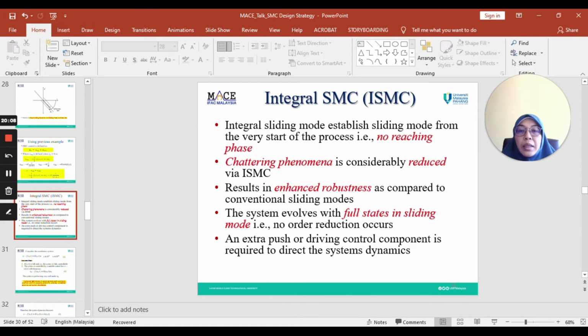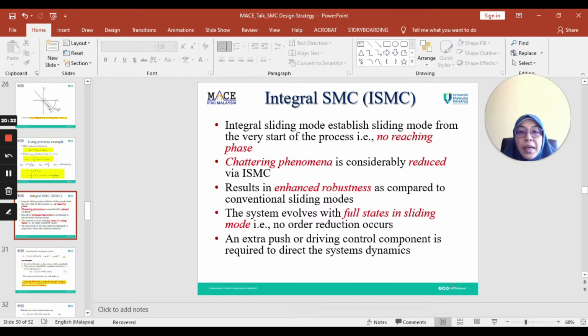The other way to reduce the chattering is using integral sliding mode control, ISMC, where we establish sliding mode from the very start of the process, meaning ISMC is also known as no reaching phase sliding mode.